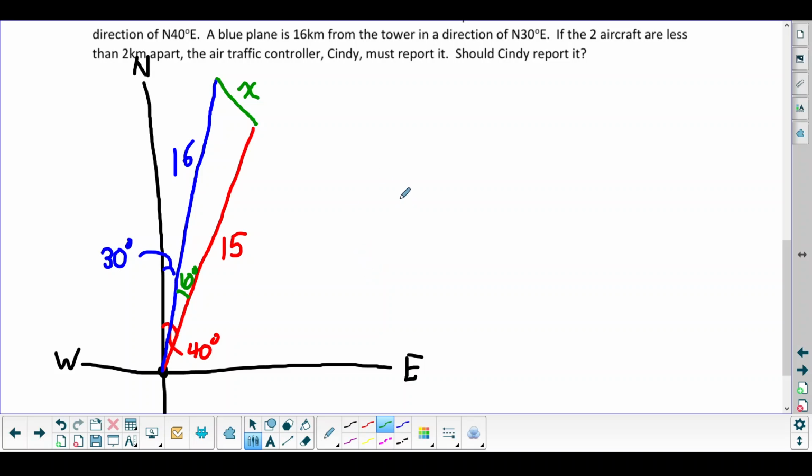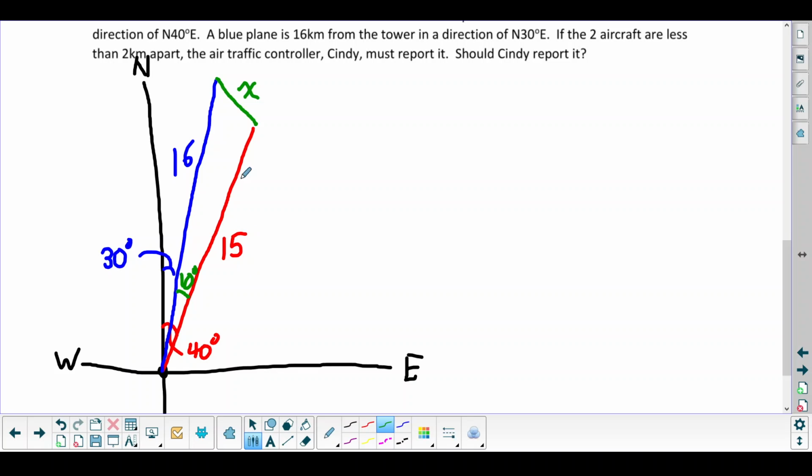So let's think about what formula we want to use. Do we want to use sine law or cosine law? The general rule of thumb is sine law is a lot easier to work with. But for sine law, we need to have a side angle pair, or some people call it opposite information. So we need to have a side and its associated angle, which is opposite of it.